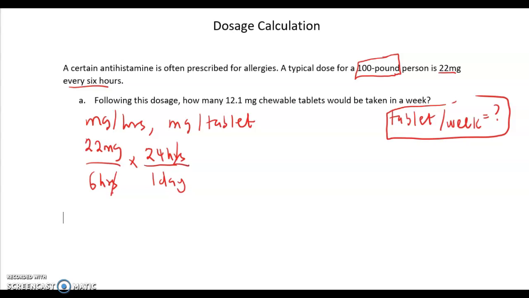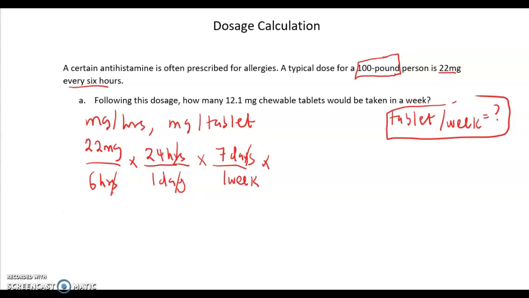So hours cancel out. Now we have day, which we are not interested to have as our final unit. So we need to find a way to get rid of the day. So we have to have some weeks at the bottom, and the relationship between days and week is what? 7 days equal to 1 week. So your 7 days will stay at the top and the week will stay at the bottom. So days cancel out.